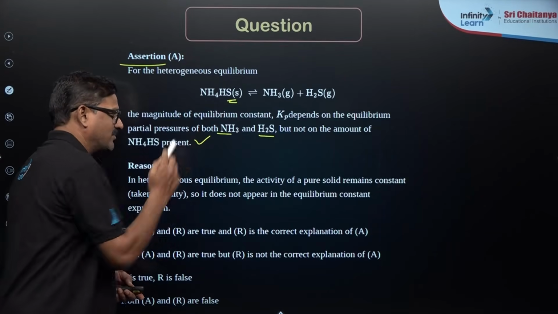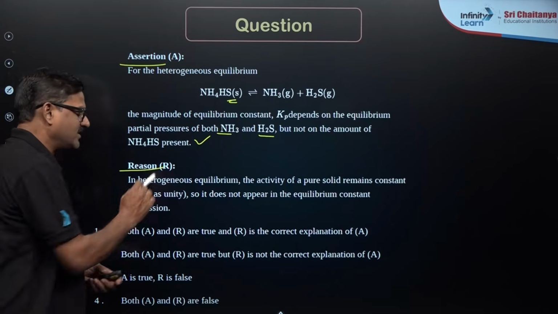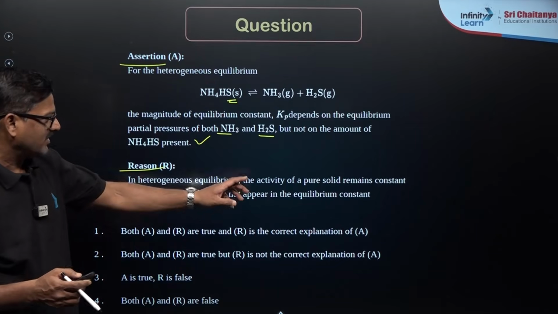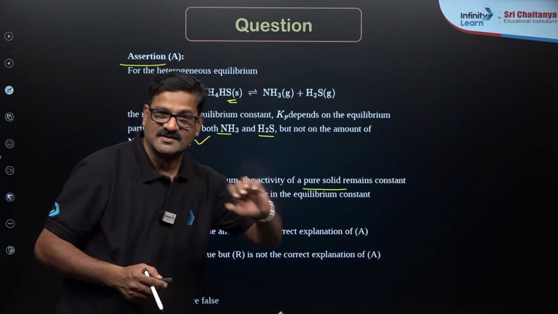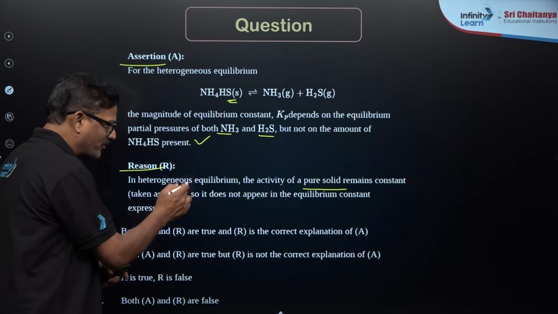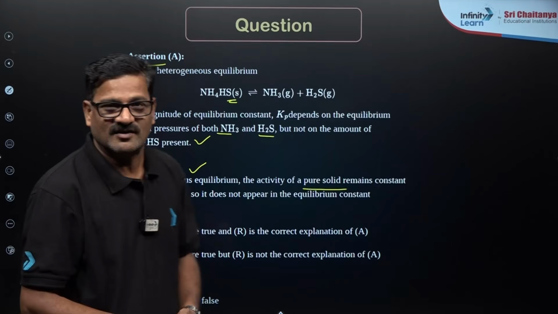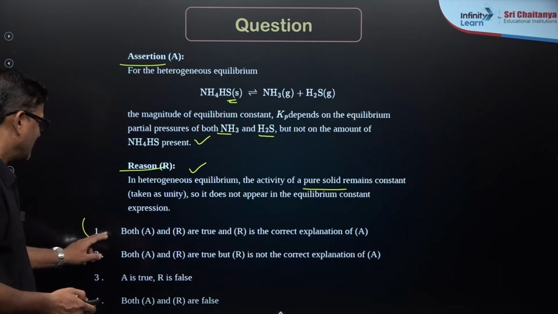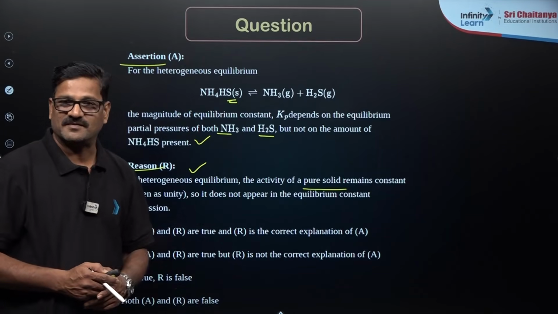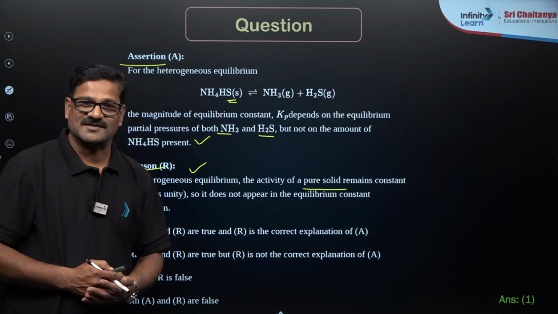So it's a true statement. The reason is, in heterogeneous equilibria, the activity of a pure solid remains constant. So that is the appropriate reason. Both assertion and reason are correct, and the reason is the correct explanation of the assertion. Option 1 is the correct answer for this question.